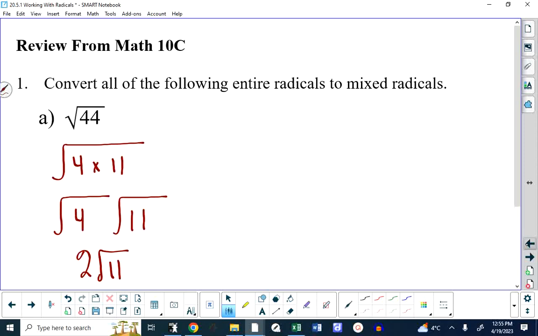Meaning, you take 44 and you say, well, that's 4 times 11. Better yet, that's 2 times 22. Would you agree? And then you go, that's 2 times 2 times 11. Is this ringing a bell, I hope?